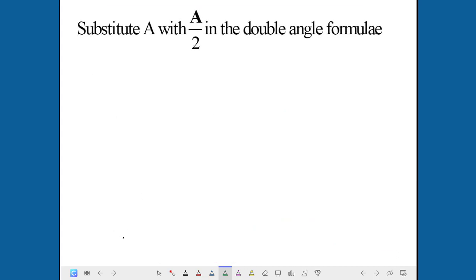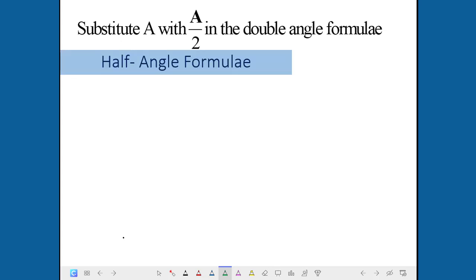Okay, and then when you substitute A with A over 2 in the double angle, you get the half angle formula. All the basics come from the compound angle. So now sin A equals sin A over 2 cos A over 2.